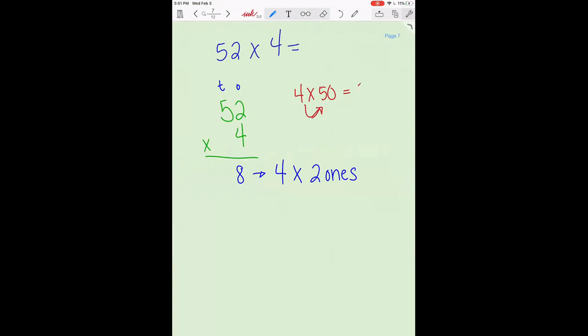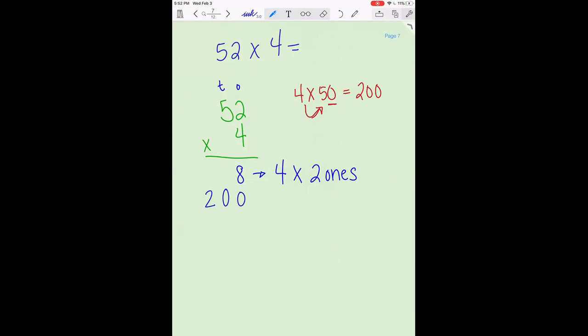And 4 times 5 is 20. And then I have another 0, and I'm going to add that at the end. So 4 times 50 is 200. So in my problem, I'm going to write 200, but make sure that your place values line up. So your ones should line up, your tens should line up, and then we don't have a hundreds up here, but we know that that's next.